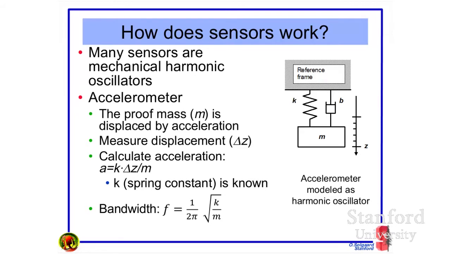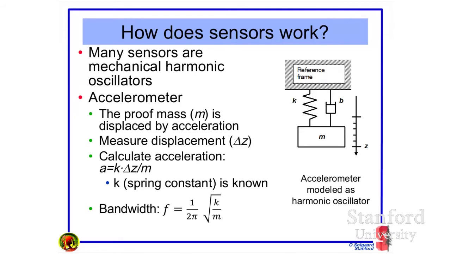So once I measure this displacement, I can calculate the acceleration that the mass has been subject to by knowing the spring constant, measuring the displacement, and dividing by the mass. That's my measurement, and this is how accelerometers work.